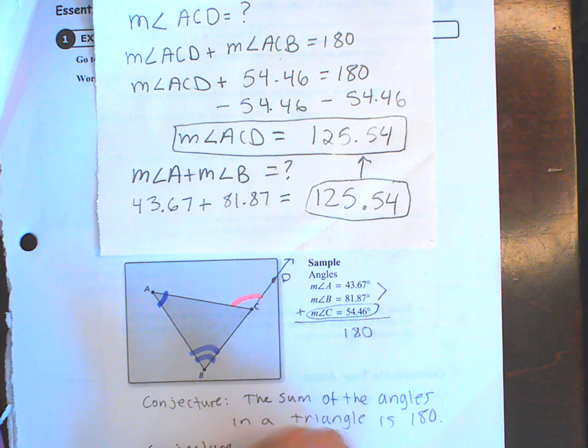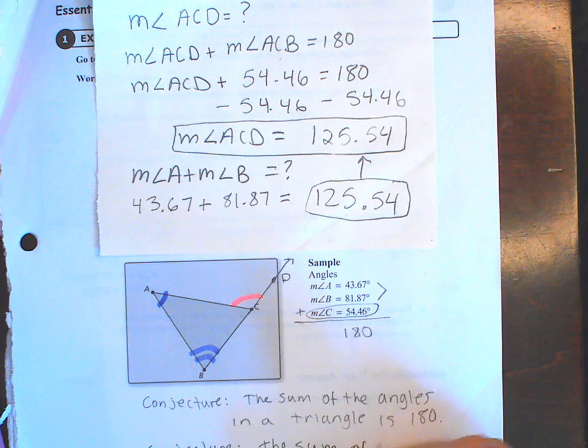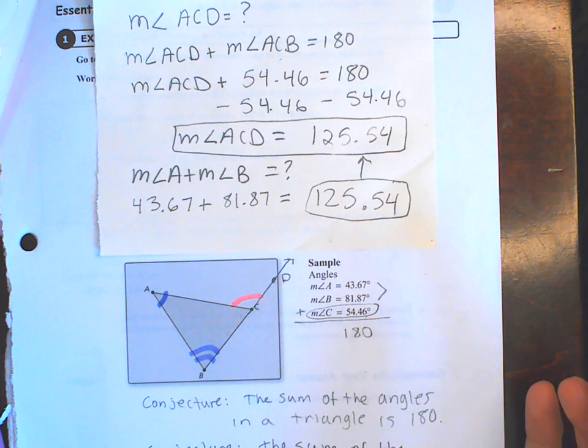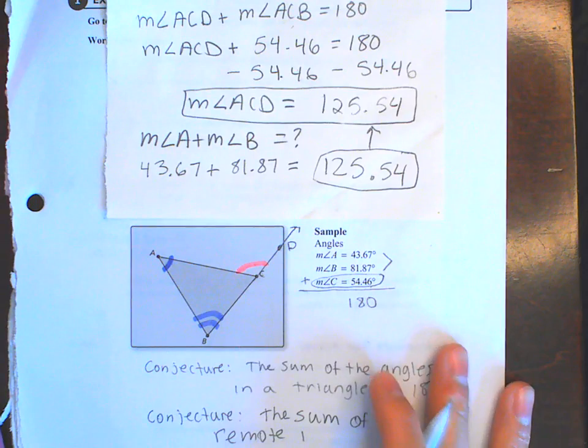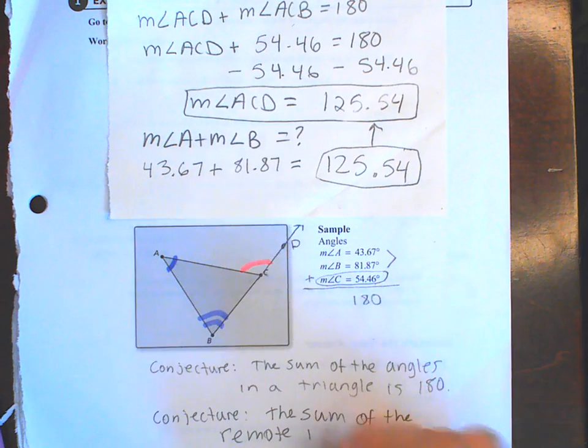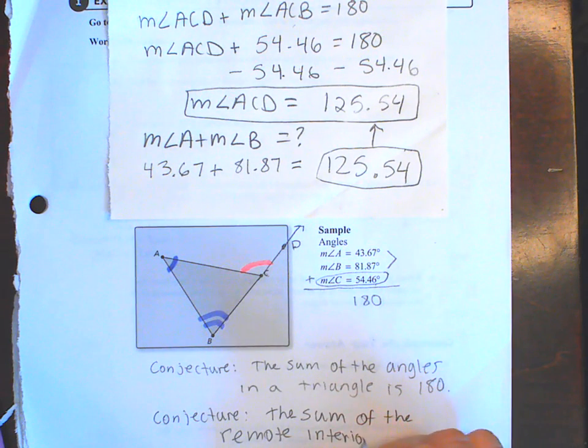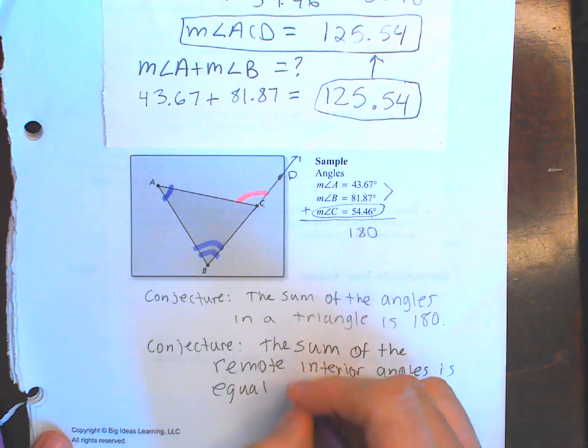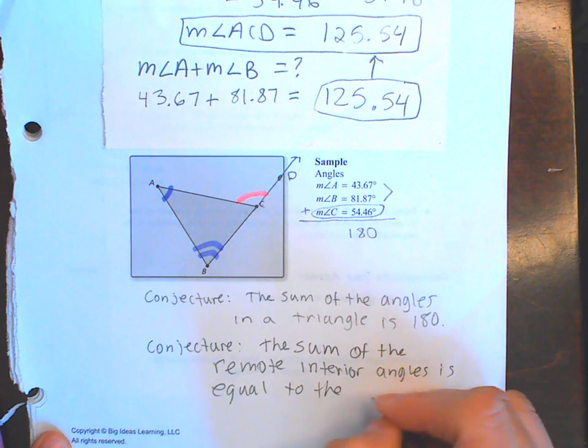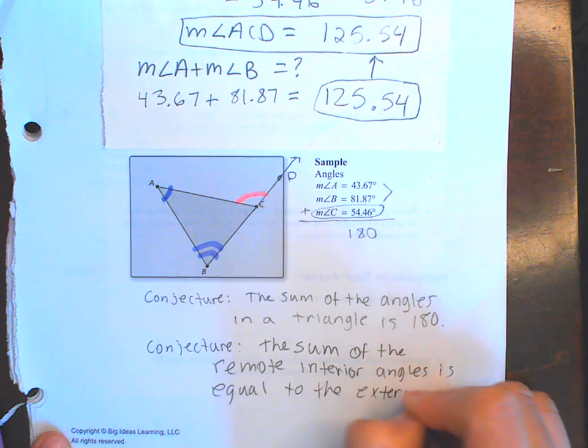Okay, so a little bit of vocabulary, or actually we can just go to our next conjecture. Our conjecture is this: the sum of the remote, or they also call them non-adjacent interior angles, so whichever one works best for you, the sum of the remote interior angles is equal to the exterior angle.